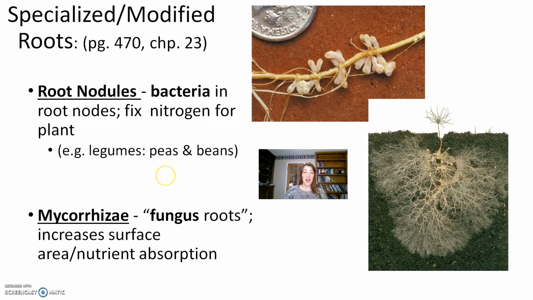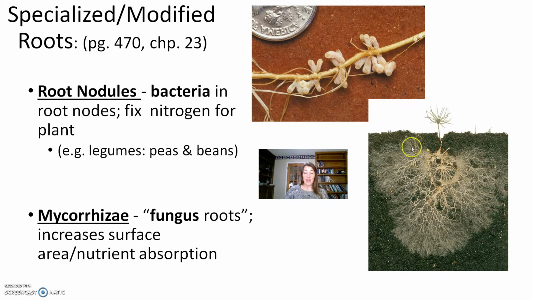Another special modified root is the mycorrhizae. This is also known as fungus root, and this increases the surface area for nutrient absorption dramatically. So if you look here, here's a plant. You can kind of see its major root system here, and so the branching really would probably only come out to about that far.